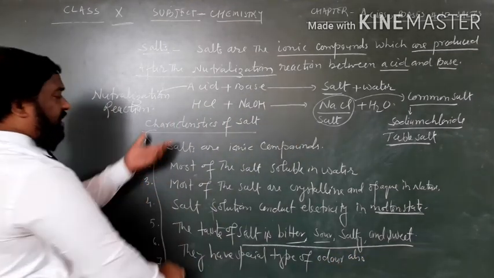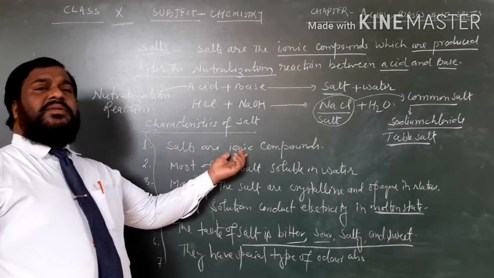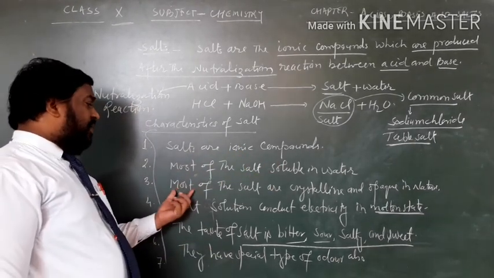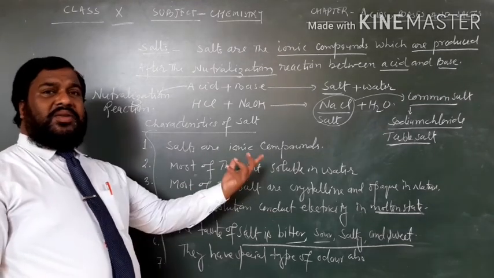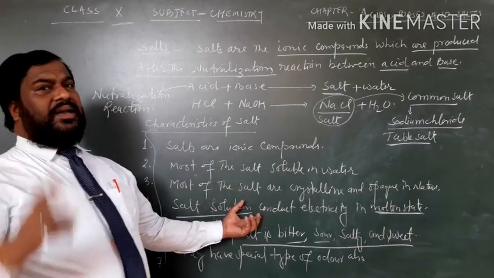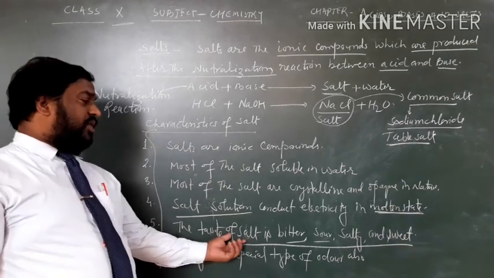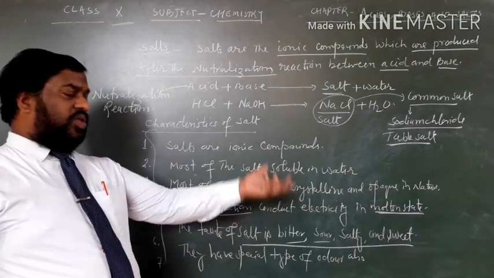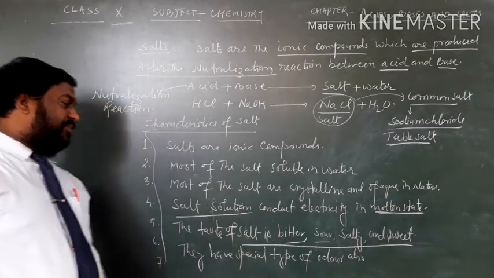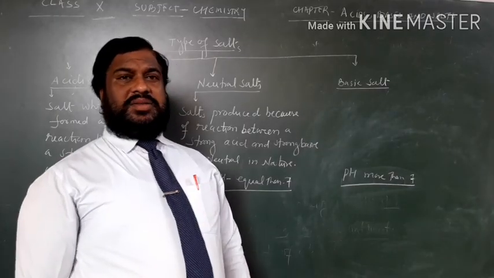So dear student, these are the characteristic features of salt. Salts are ionic compounds. Second, most of the salts are soluble in water. Most of the salts are crystalline and opaque. Salt solution conducts electricity when it is in molten phase. The taste of salt is bitter, sour, salty and sweet. They have a special type of odor also.